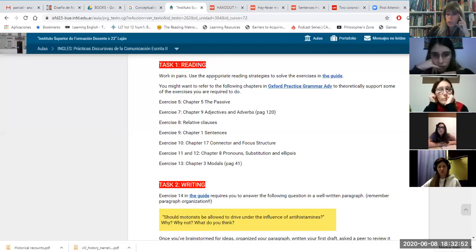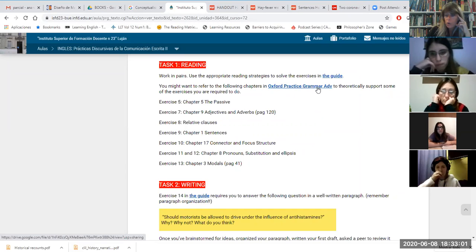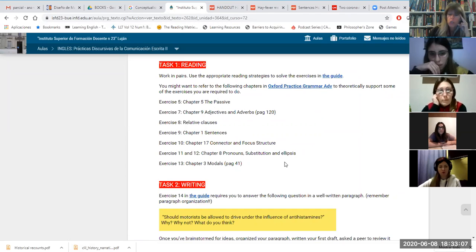then in order to complete this reading task, you might want to check in Oxford Practice Grammar Advanced, in the book, in these chapters, right? You are going to have some help to solve these questions. Question 5, for example, you would find the answer in chapter 5.